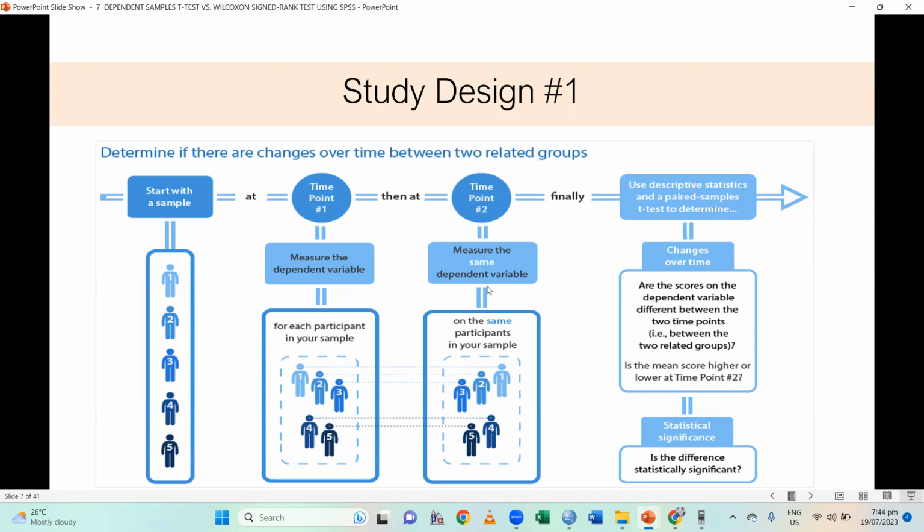Then after some time, you measure their weight again and you match it before and after. And if you wish to compare them, then a dependent samples t-test may be used.